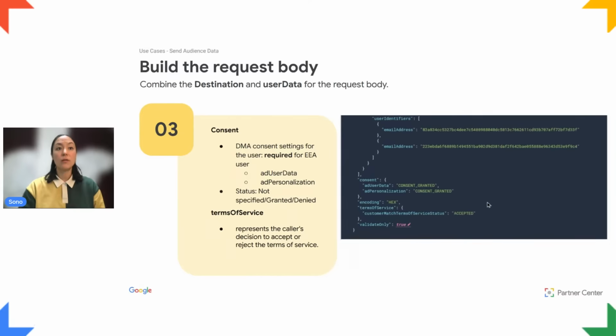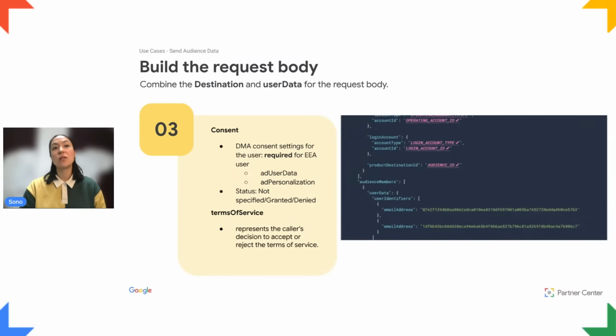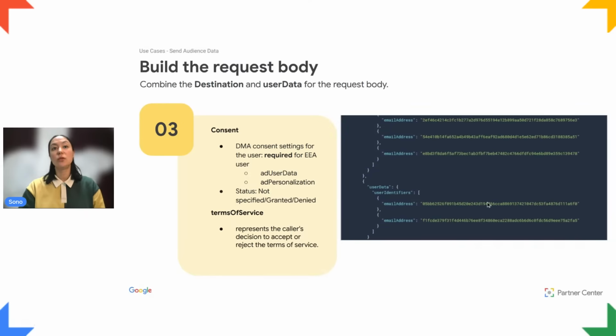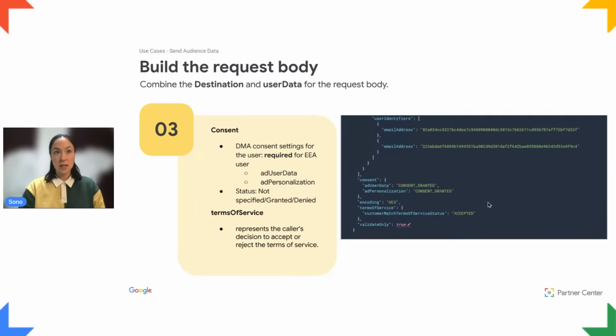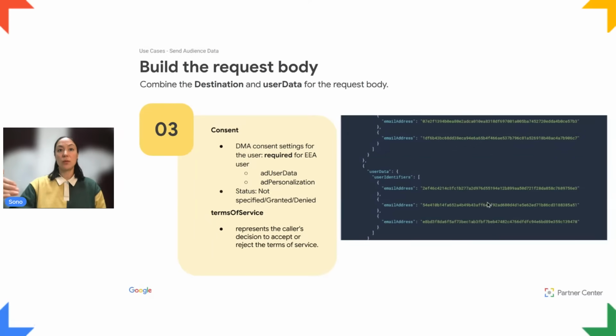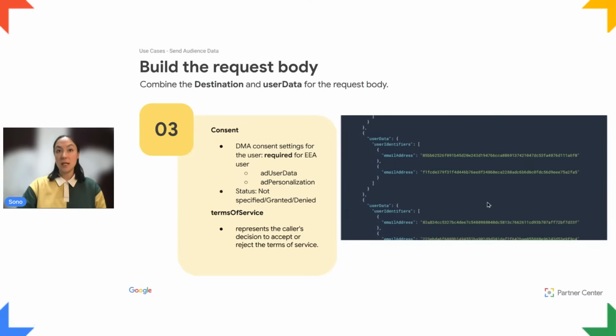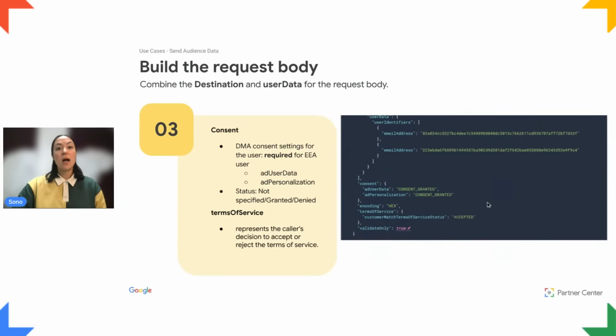So for all of the data, we have ad user data and ad personalization set to consent granted to be able to use them for matching and for the customer match list. So that would be all to how to build the call, build the data, and to send the call.